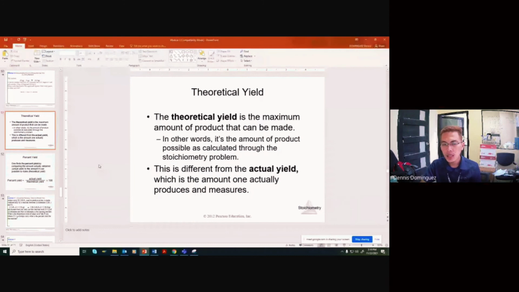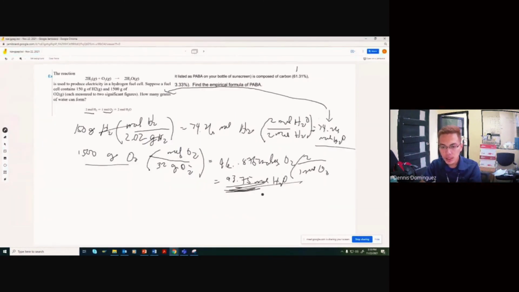The actual yield comes from a systematic process, the actual process of a company in producing the water. So, the result earlier of 1,338 grams of your H2O will be the theoretical yield.